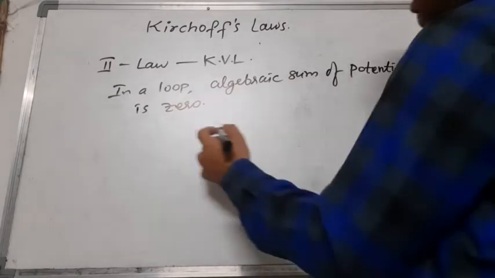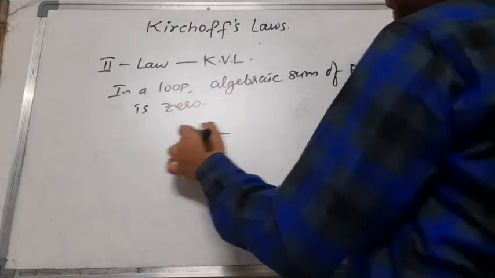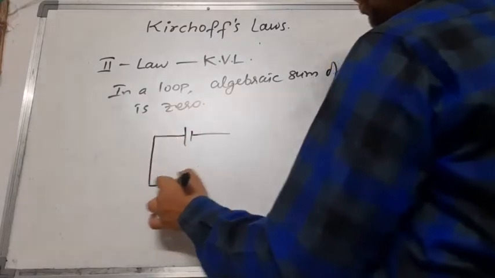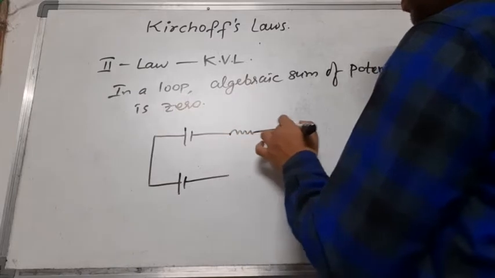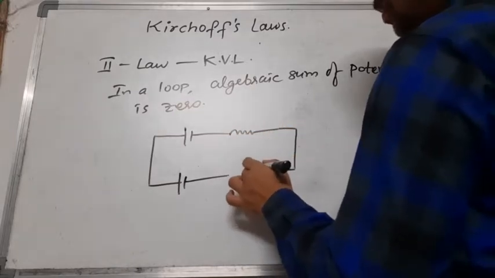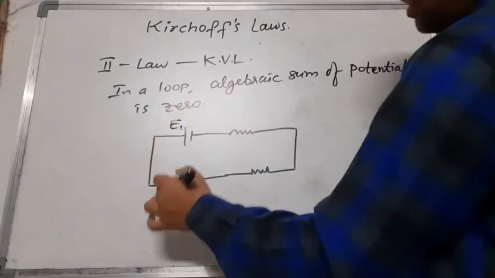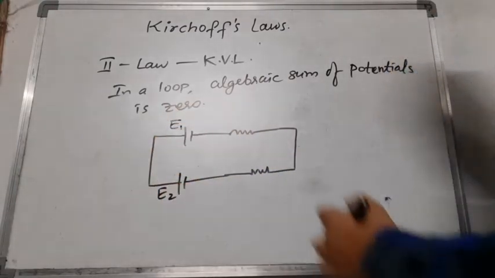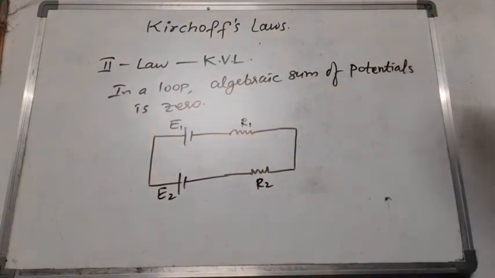Suppose there is a loop you take. This is one loop. Here two EMFs are there, E1, E2, R1, R2.